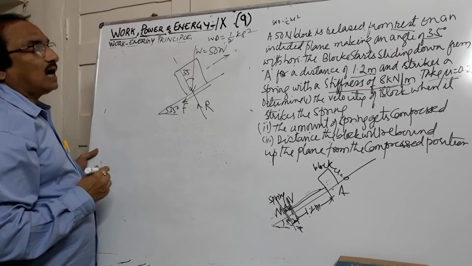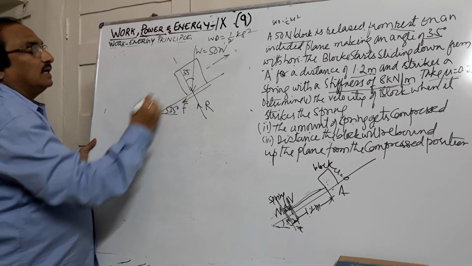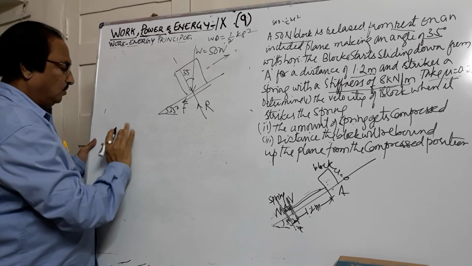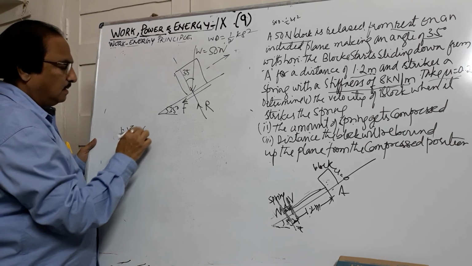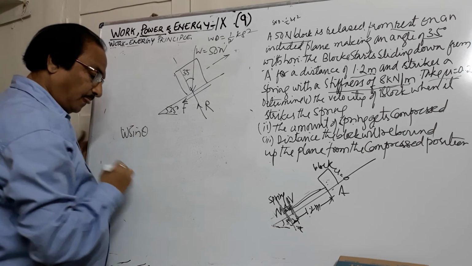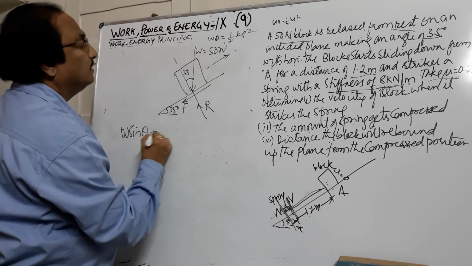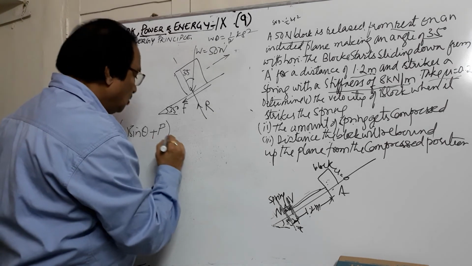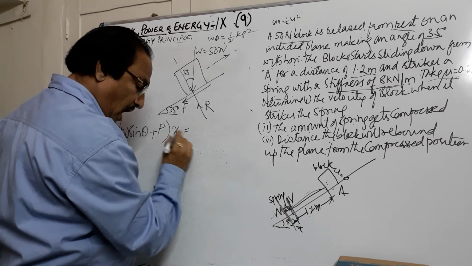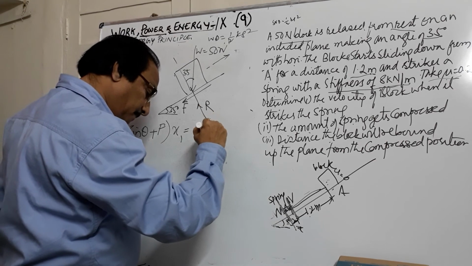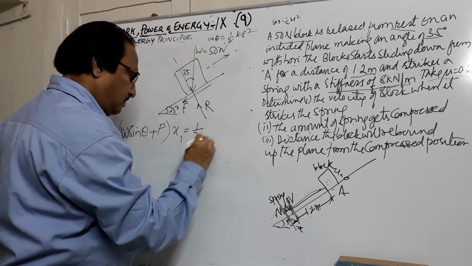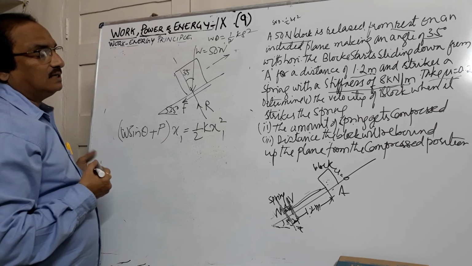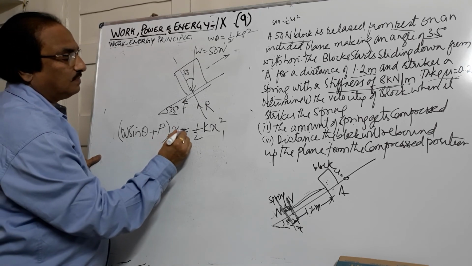Now here the block is moving up the plane. Now here the net force that will be acting is, if I resolve this W, W sin theta plus F, into x1, will be equal to half kx1 square, because this is the energy of the spring, or the work done by the spring here.